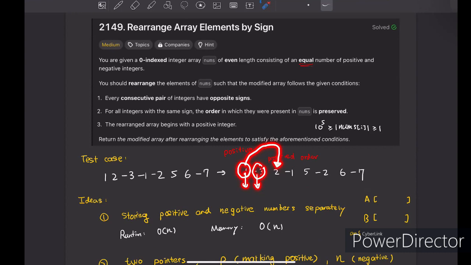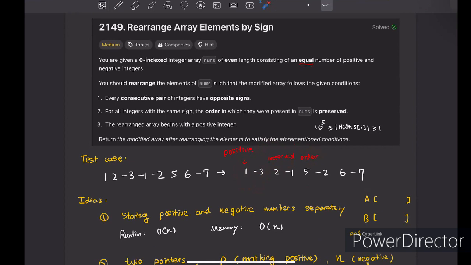A similar thing applies to the negative one, we find the next negative one, and so on. In this way, we don't need additional memory, or maybe just constant, but we can achieve the same thing. So it's more efficient in terms of memory.